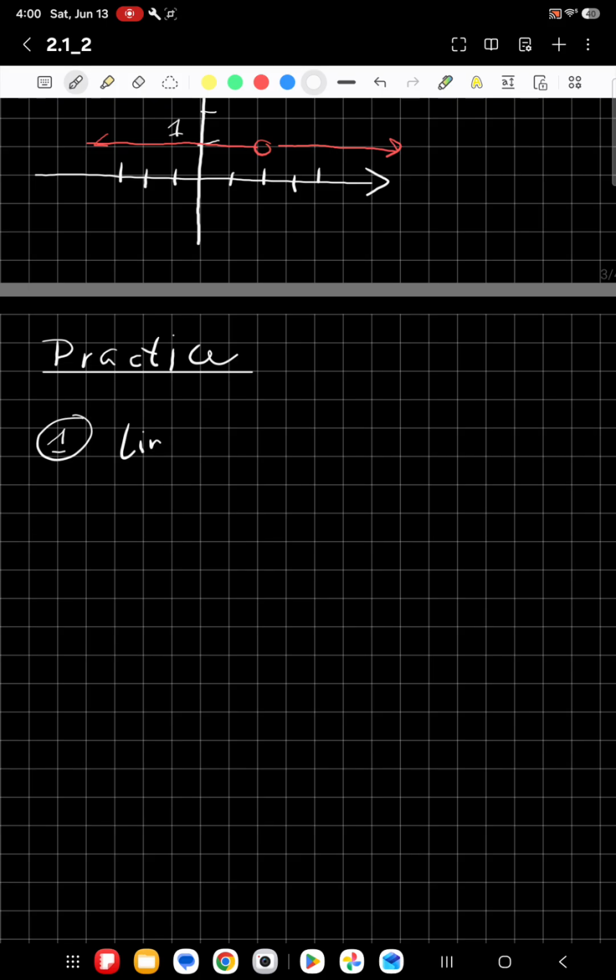The first one is the limit as x approaches 3. It's written in my notes in such a way that it's hard to see, but we have x squared minus 9 on the top and x minus 3 on the bottom.